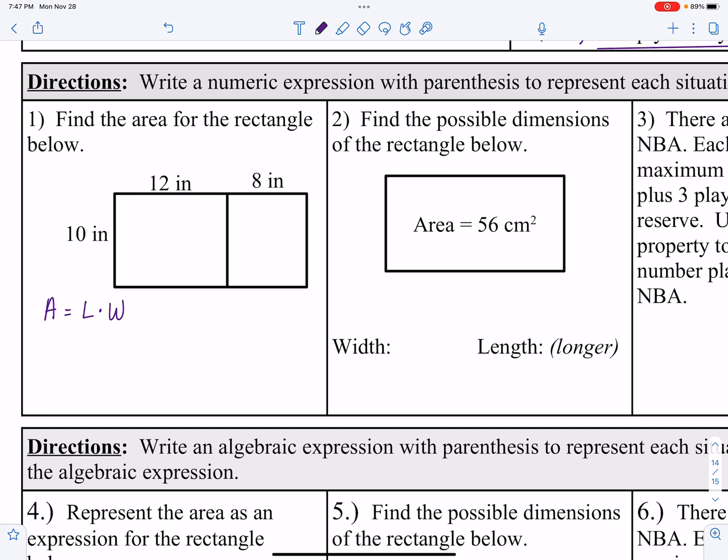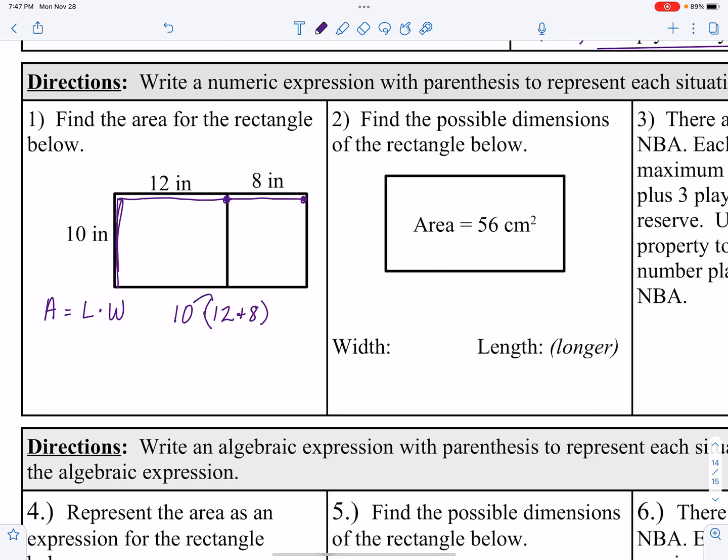So I'm just going to go ahead and set this up. We know length times width is the one side times the other. So instead of the symbol, I can just put the parentheses and have my 12 plus 8. So I have my length here, and the width is this distance plus this distance as a total of 12 plus 8. We're repeating that 10 times.